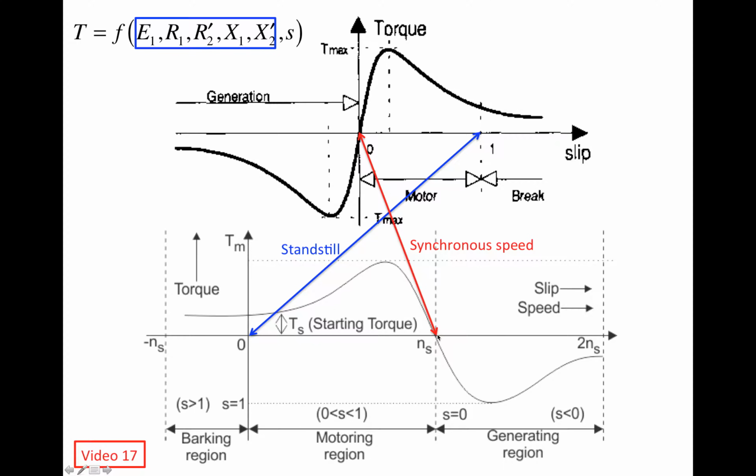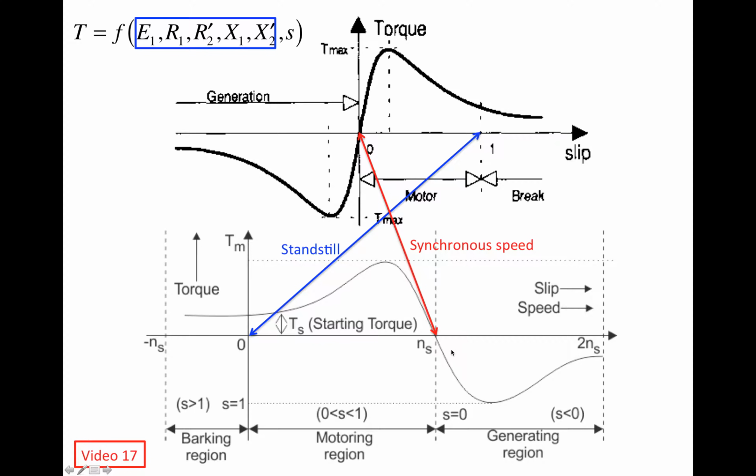Then depending upon the slip value and the rotor speed, you have three different zones. When slip is less than 0, the rotor is rotating faster than the synchronous speed. Slip is defined as the synchronous speed minus the rotor speed, divided by the synchronous speed. So when the rotor is rotating faster than the synchronous speed, s is less than 0.